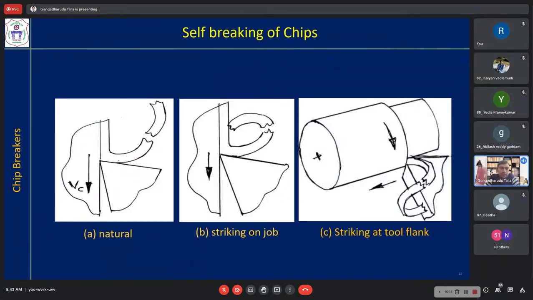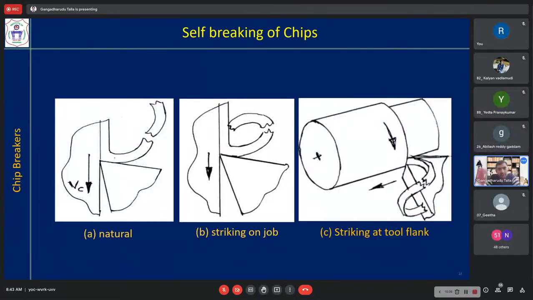While it is bending, strain hardening, or work hardening, you will say, takes place. And of course, it is being heated up also. It is compressed, strain hardened, and heated up.